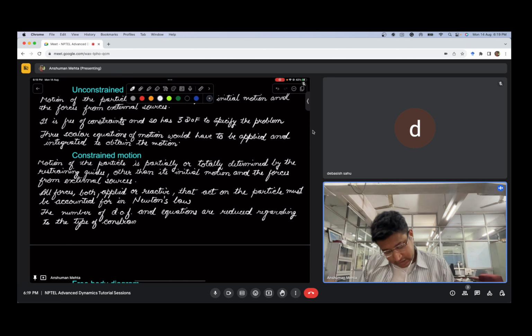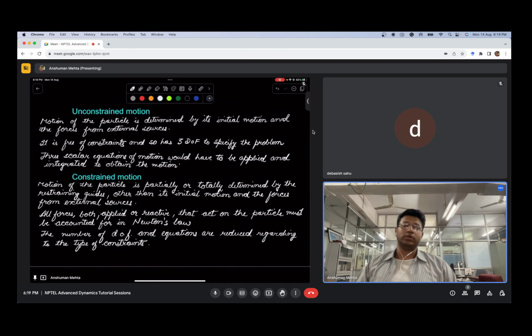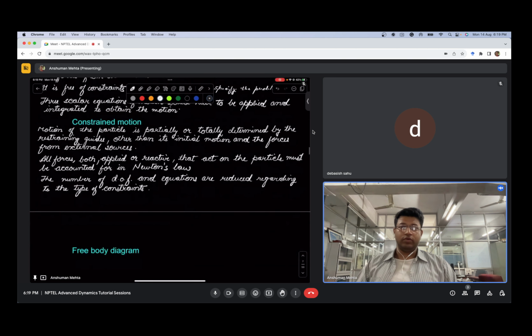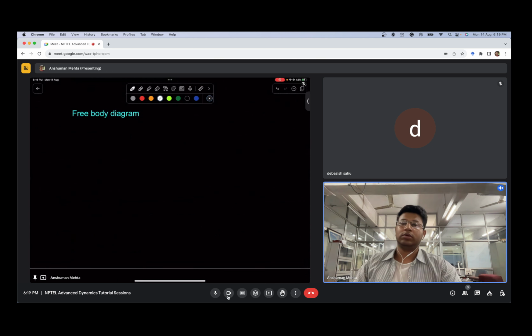These constraints can be equality or inequality constraints, and they have different forms and can be classified into non-holonomic or holonomic depending on the situation. We are not going into those things as they are part of the advanced dynamics course only, because that all comes under contact mechanics.